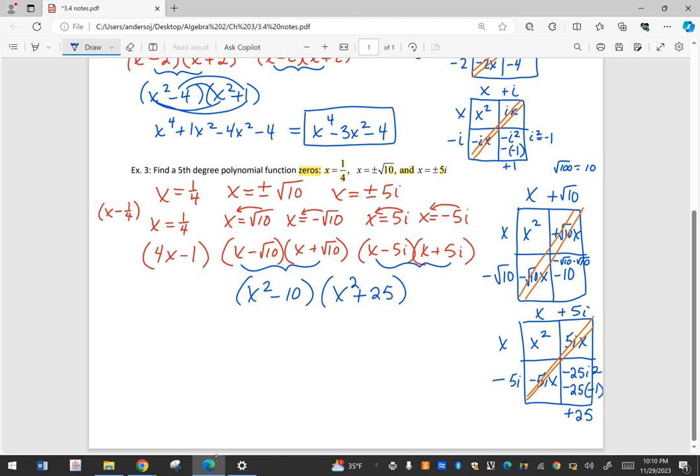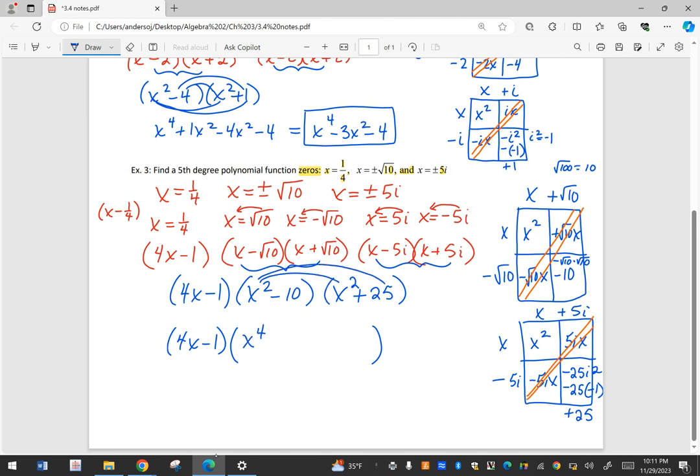Okay, and then I can bring this last group of parentheses down. Now, here's where I have a couple additional ones that are like groups. So I'm going to go ahead and combine those together. If you needed to come off to the side and do another box, that's fine. I'm going to go ahead and multiply those kind of in my head. So I'm going to say first gives me x to the fourth.